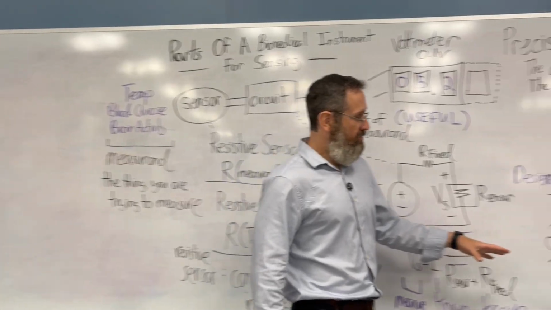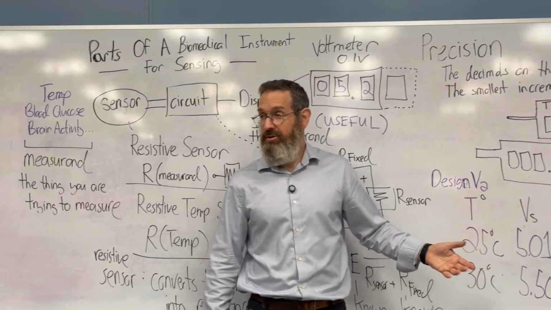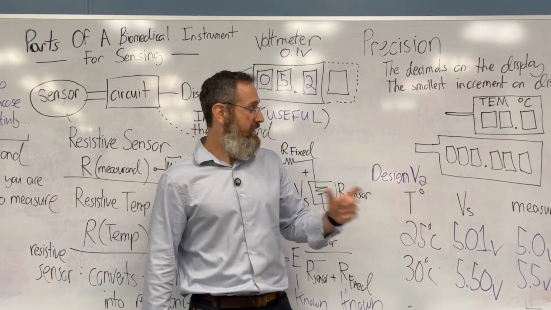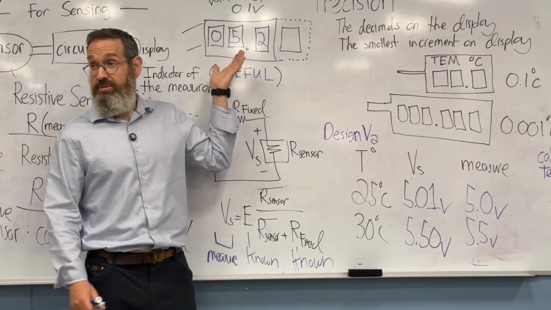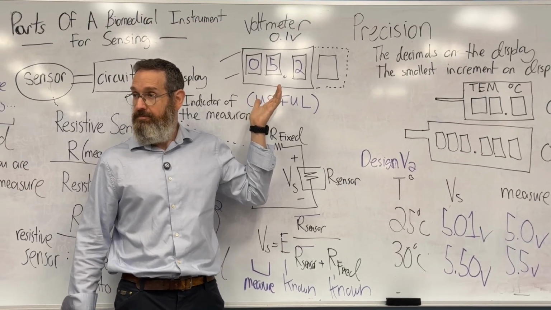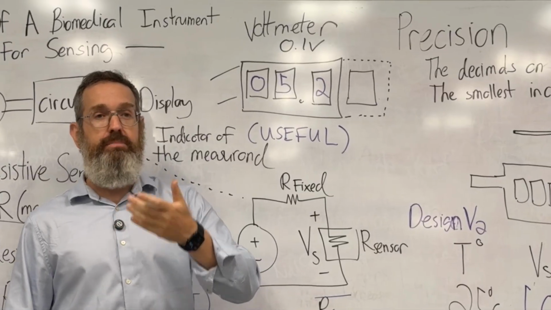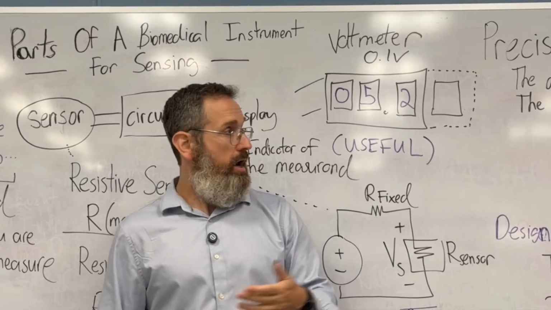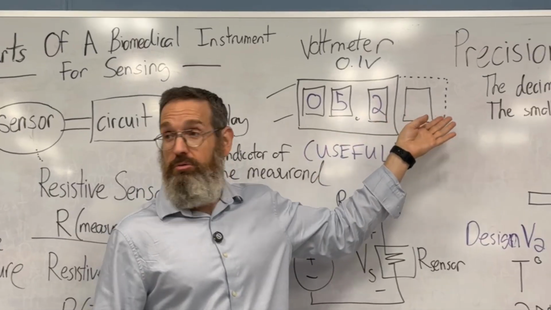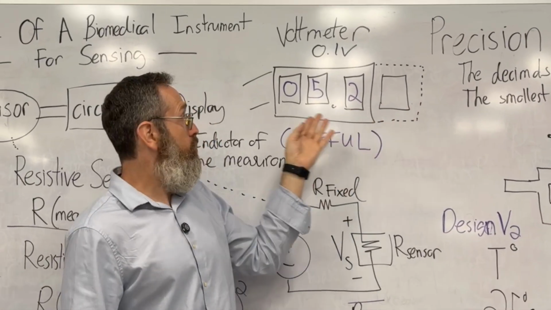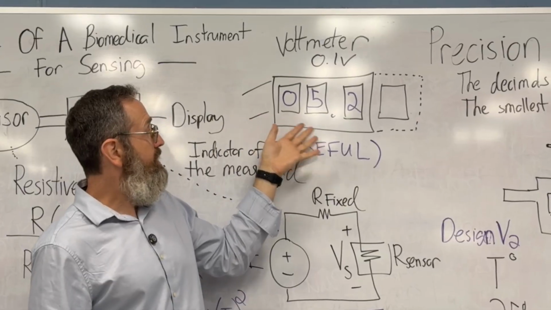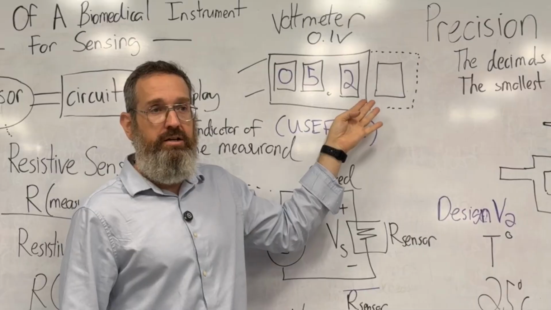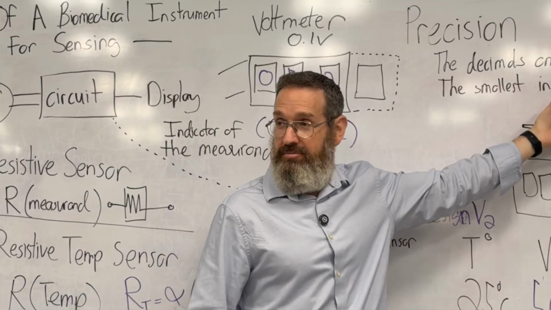Okay, so your answer, and it's the perfectly correct one, is it depends. But specifically you're saying it depends on what the purpose of the instrument is and what it is that you're measuring. If I'm measuring the temperature of my son, I don't need to know whether it's 37.1 or 37.100000001, right?